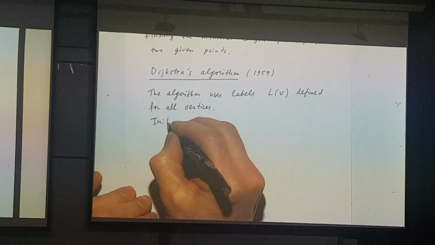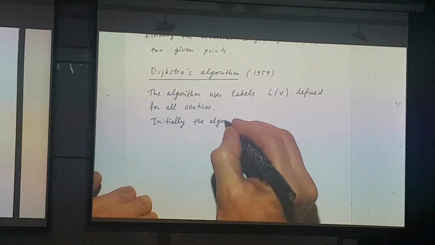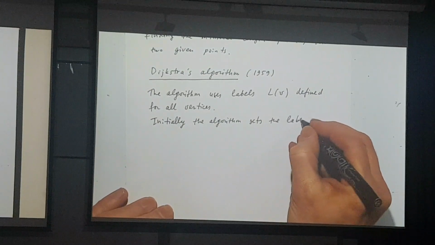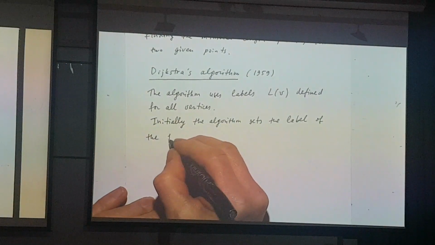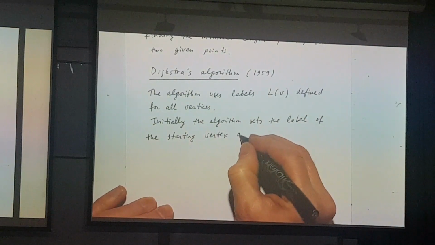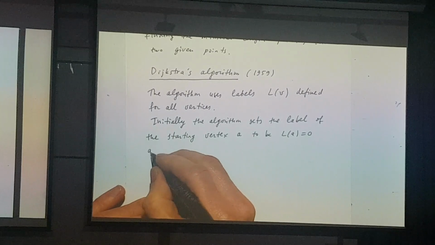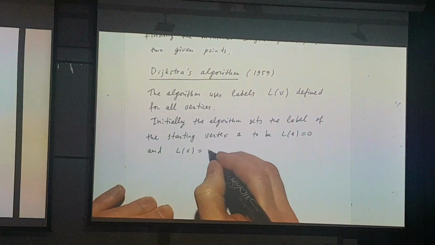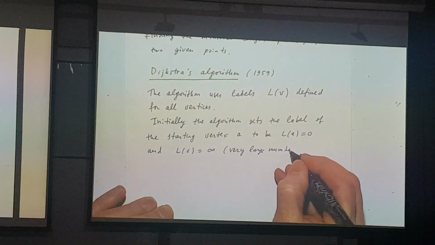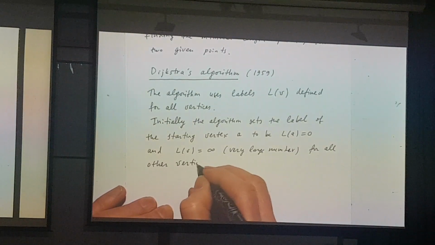So initially, the algorithm sets the label of the starting vertex, let's call it A, to be L of A equals 0, and L of B equals infinity, or a very large number, for all other vertices B.